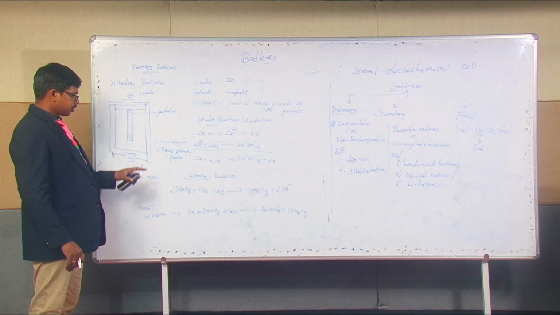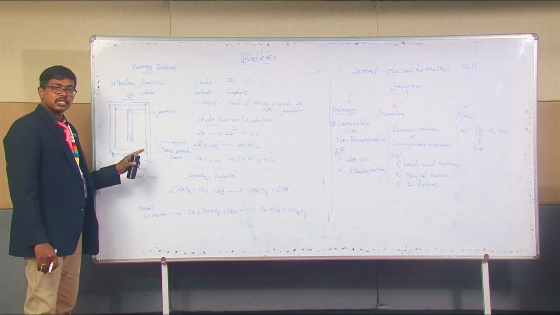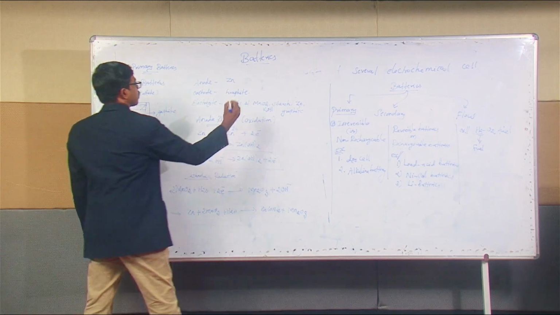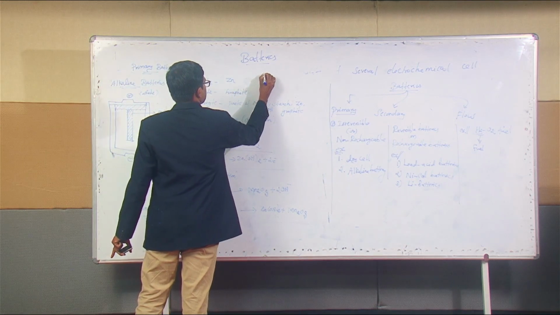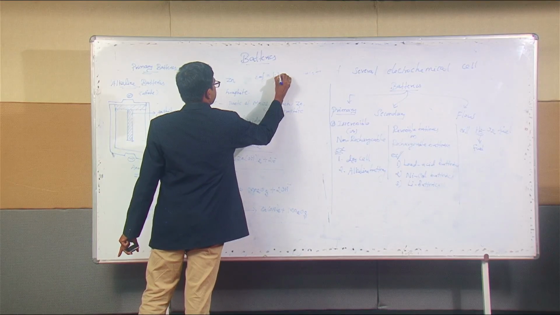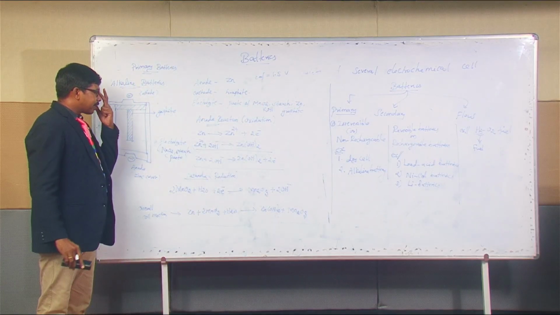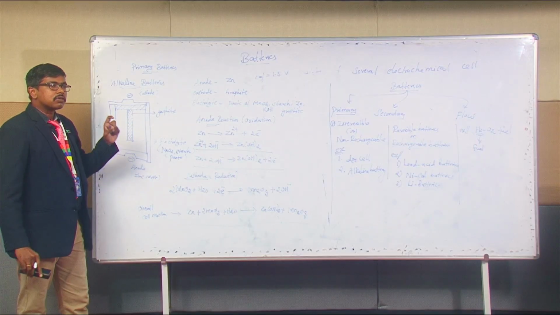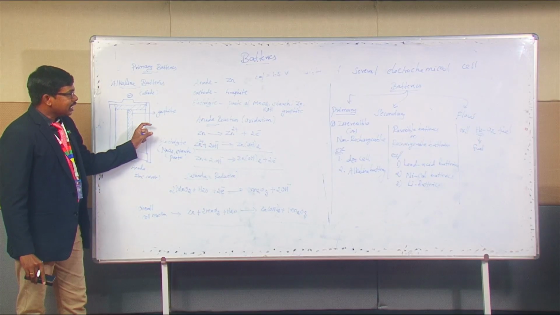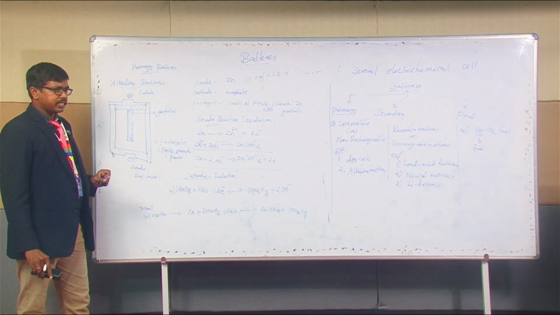As a result, it produces an EMF of 1.5 volts across the circuit. When the reaction proceeds, it produces a constant EMF of 1.5 volts.